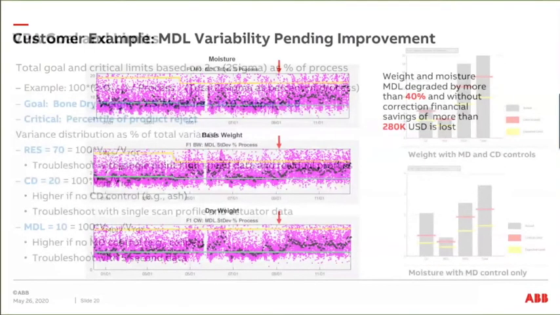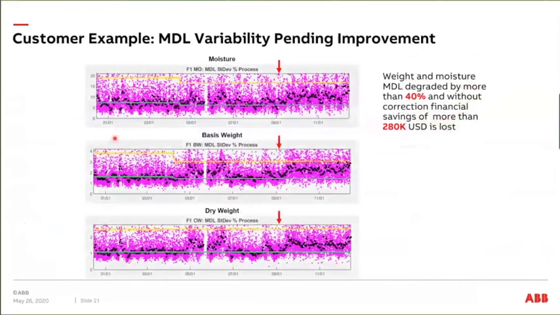Now, I'm going to change gears a little bit and jump into some examples, and hopefully you'll see some of the value. This brings up a couple other points to talk about. For this example, this is showing an elevated MDL. Each one of these plots has a lot of data. If you remember, I talked about normally distributed data.